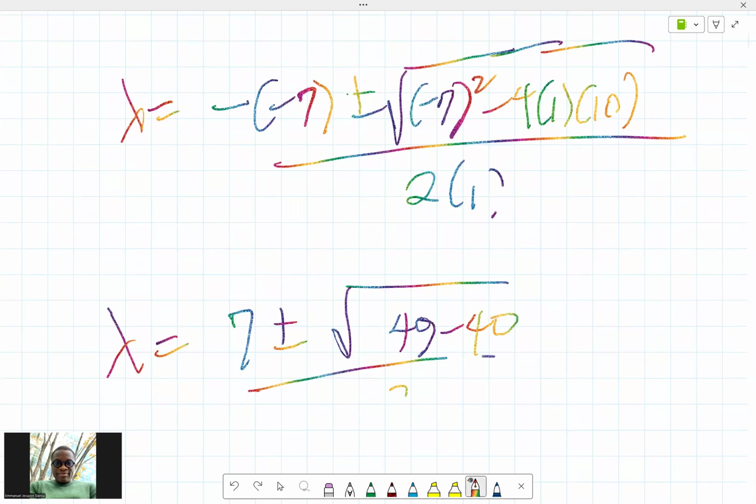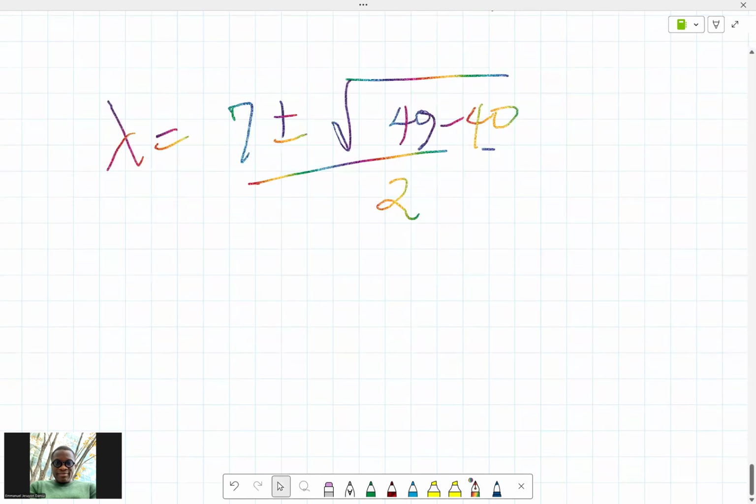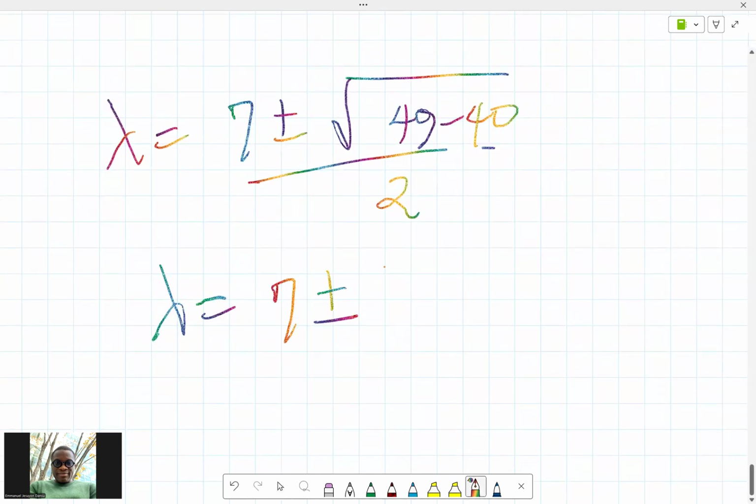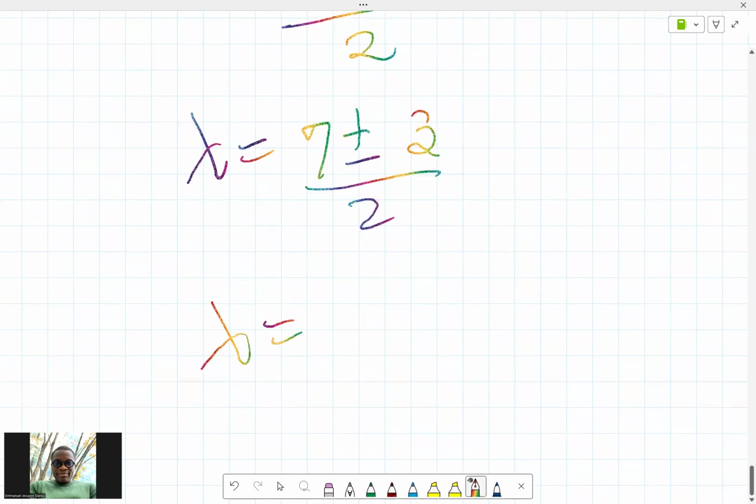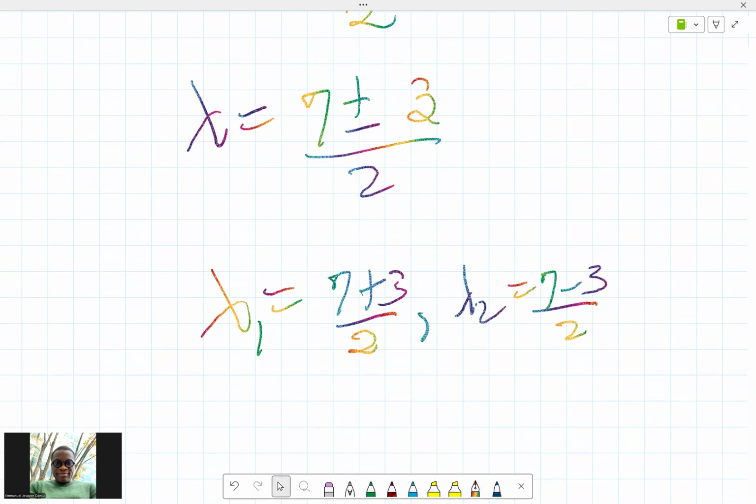Then lambda is equal to 7 plus or minus the square root of 9, which is 3, all over 2. So lambda 1 is 7 plus 3 over 2, and lambda 2 is 7 minus 3 all over 2.